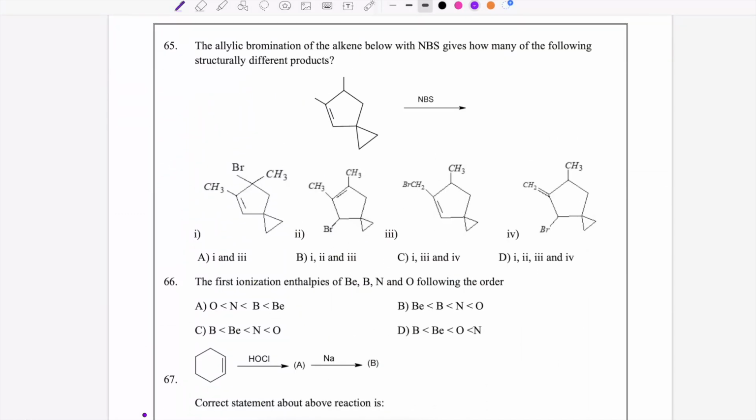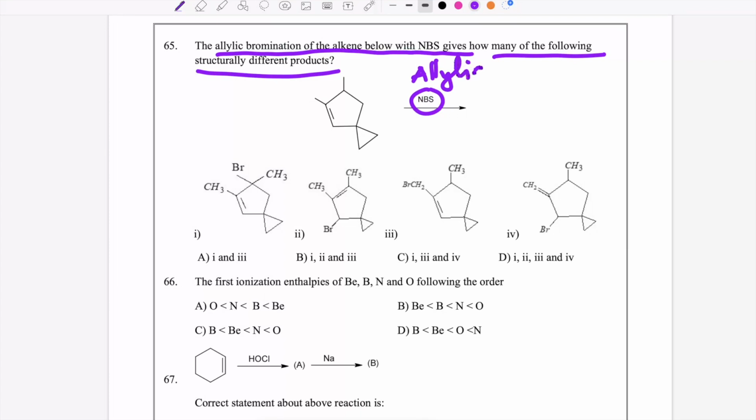Yeah, we'll move to question number 65. In allylic bromination of the alkene below with NBS, how many of the following products, structurally different products, are obtained?